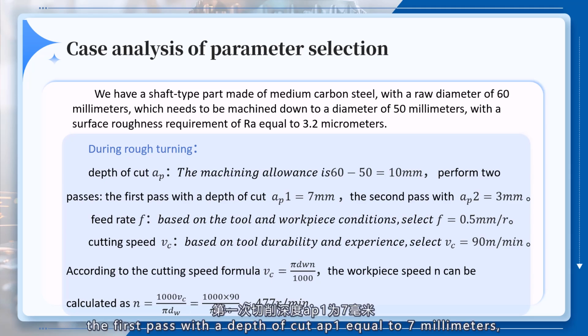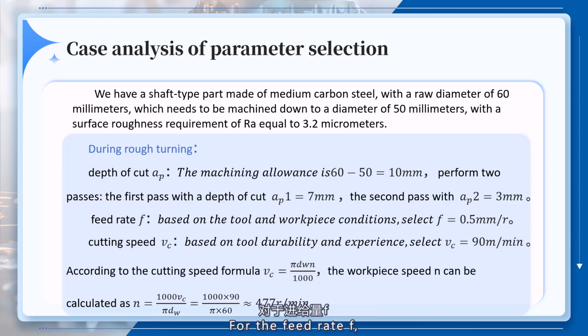The first pass with a depth of cut ap1 equal to 7 millimeters, and the second pass with ap2 equal to 3 millimeters. For the feed rate f, based on the tool and the workpiece conditions, select f equal to 0.5 millimeter per revolution. For the cutting speed vc, based on tool durability and experience, select vc equal to 90 meters per minute.